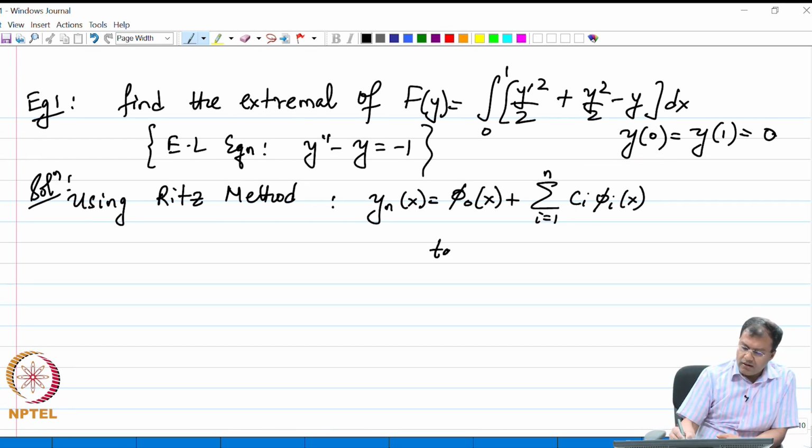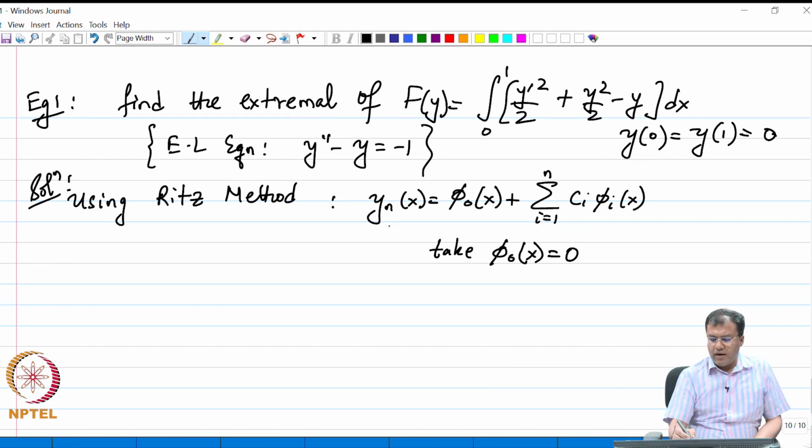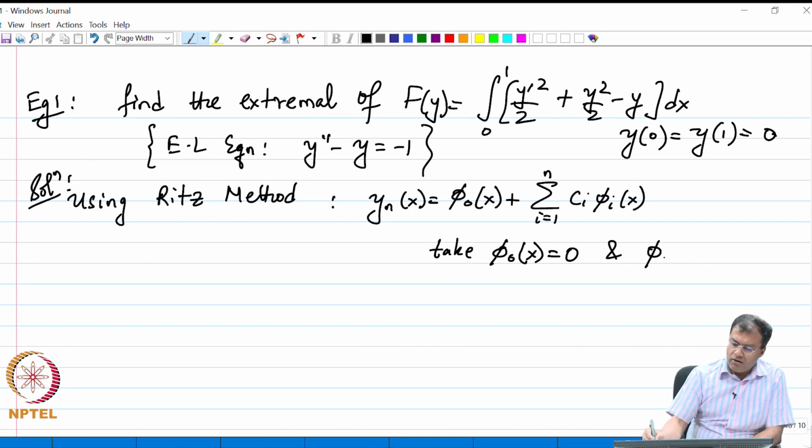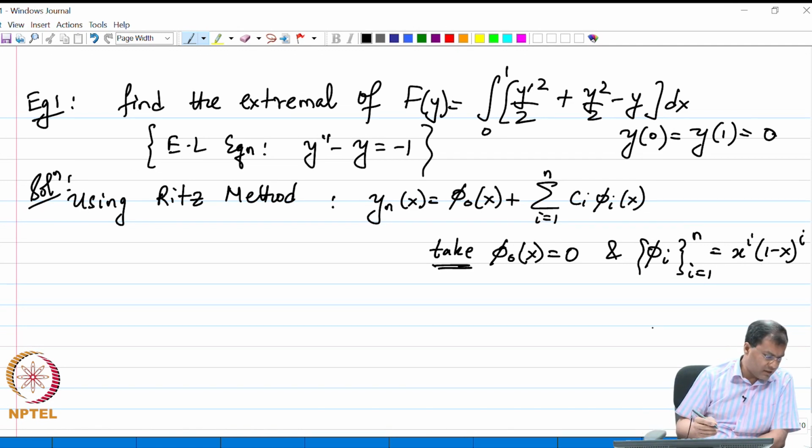We take phi 0 of x to be identically 0, because by taking this value, the y n's immediately satisfy the boundary condition, and we take phi i's, i from 1 to n, as the following polynomial functions. This is what we choose as our basis functions. It can be shown that these are linearly independent basis functions. All we need are linearly independent basis functions.